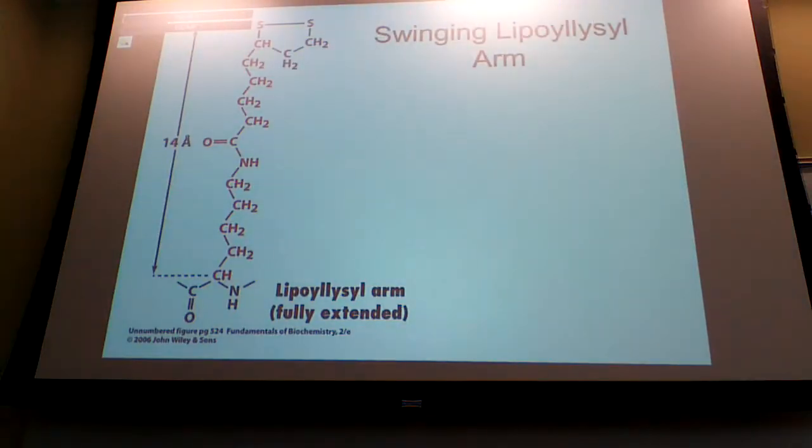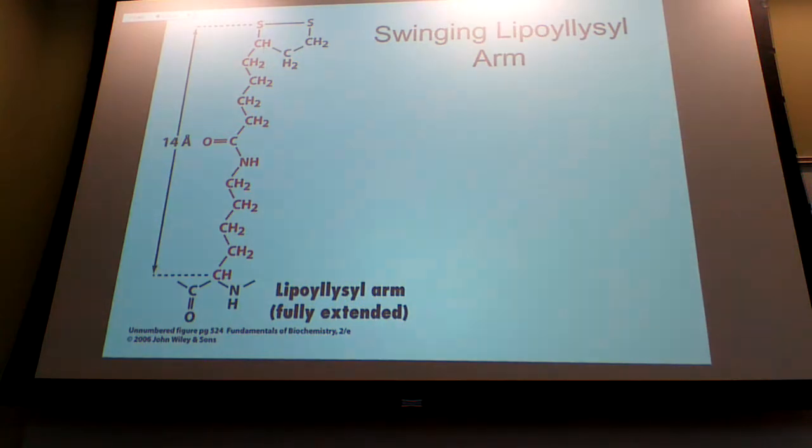So again, this is my lipoamide group up here. This is the thing doing the chemistry. It's that little five-membered ring of the disulfide. The enzyme, again, is a lysine that has been modified with this little lipoamide group. And it's called a lipoamide group because it is an amide linkage that has connected this group. And lipo, because when you start looking at all these carbons, it is very fatty and very hydrophobic.